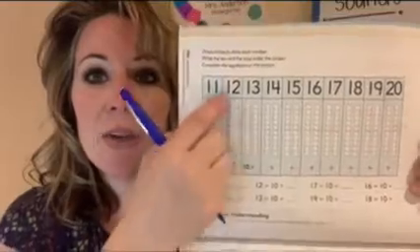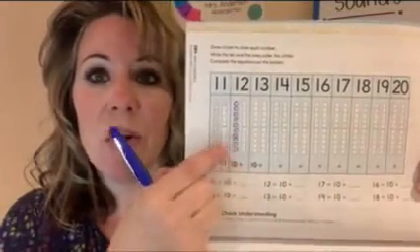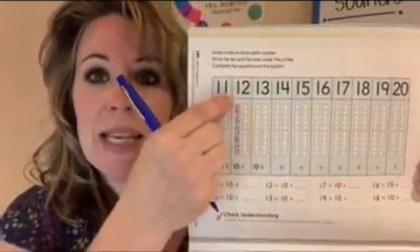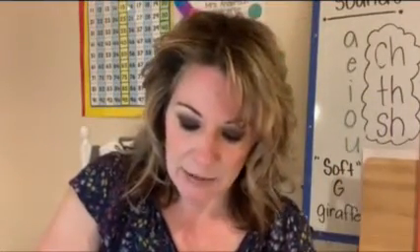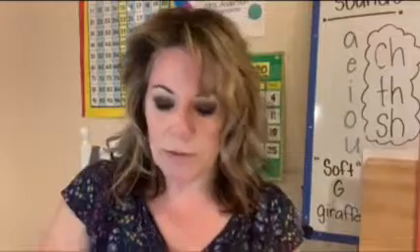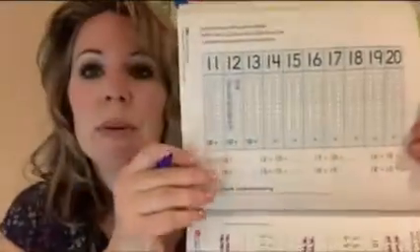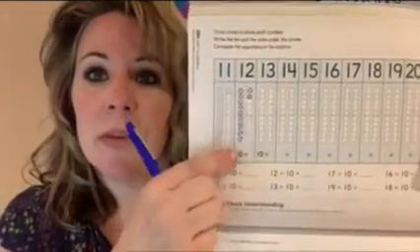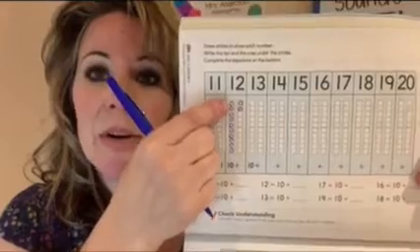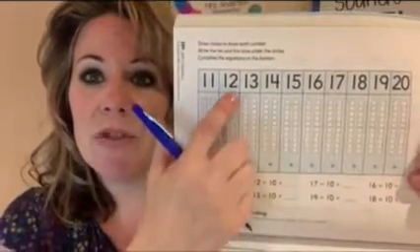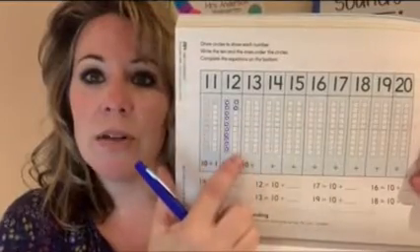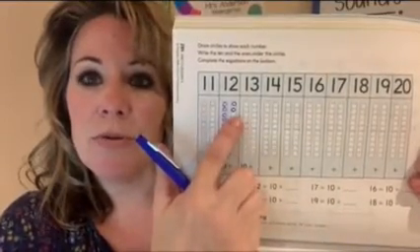I need to make sure that I have 12 circles in all. So if I have 10, then in the next column, I say 11, 12. And I stop because that's my number. So I have 10 here, 11, 12. And then how many do I have just in this column right here? Not all together, but how many did I draw there?